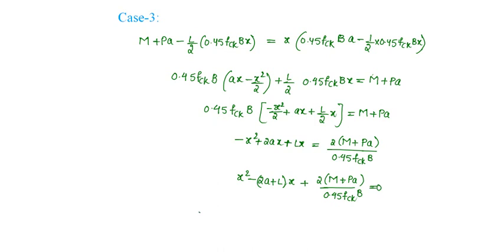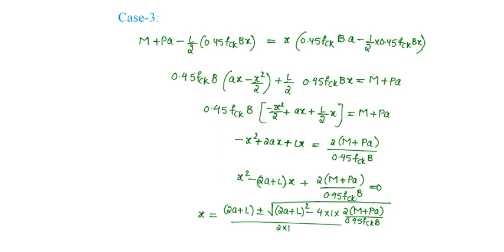Solving this, x equals minus b, minus of minus so plus, (2a plus L) plus or minus under root of b square, that is (2a plus L) whole square minus 4ac, 4 into 1 into 2 times (M plus P a) by 0.45 fck into B, under root, by 2 into a, that is 2 into 1.